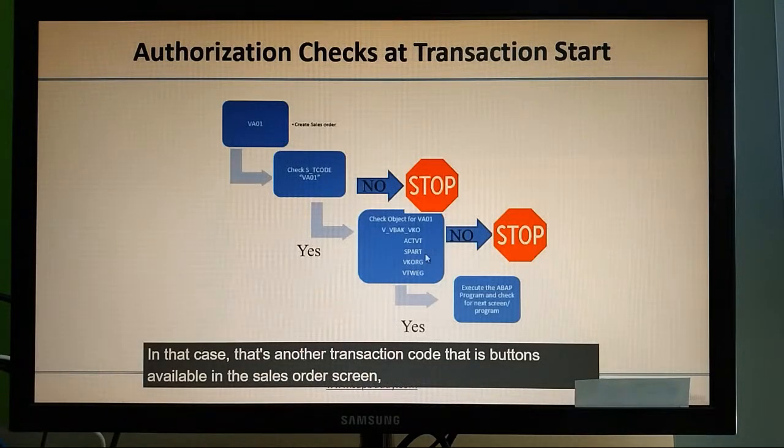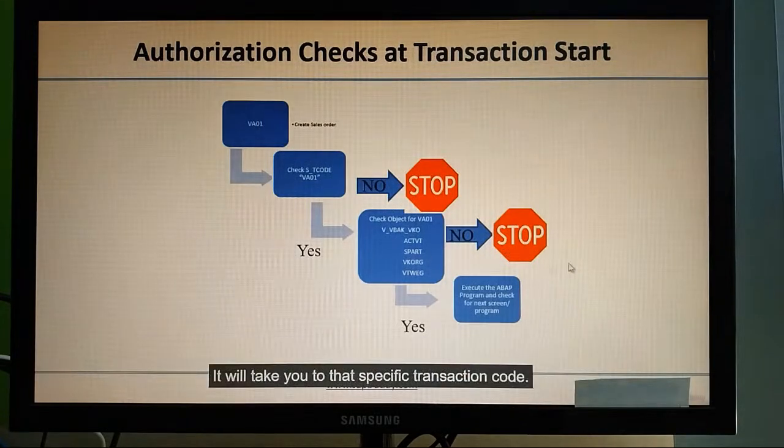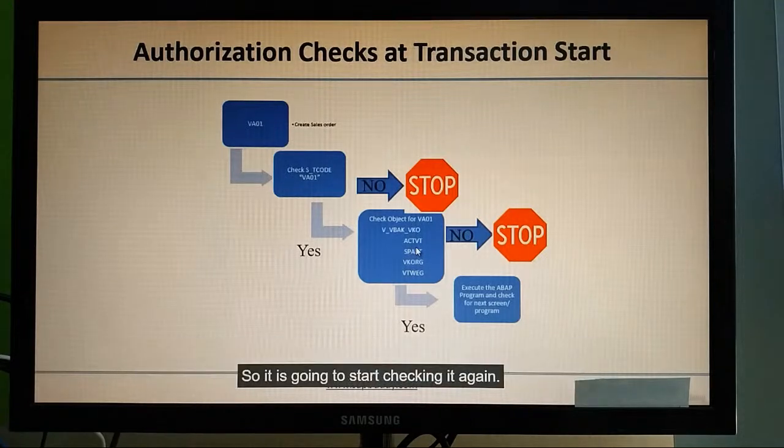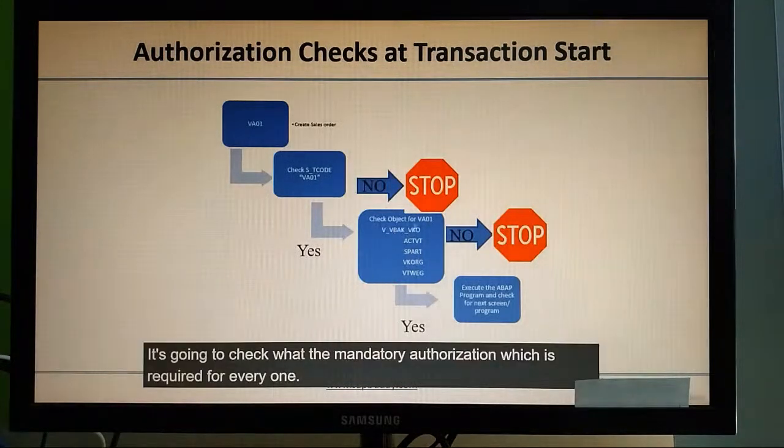There is a button available in the sales order screen. You click the delivery note, and it will take you to that specific transaction code. Then you need to have authorization for that transaction code and those programs, so it starts checking again. That's the reason I said it only checks the mandatory authorization required for VA01.